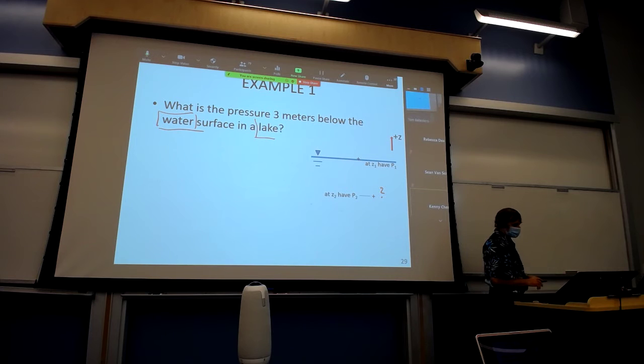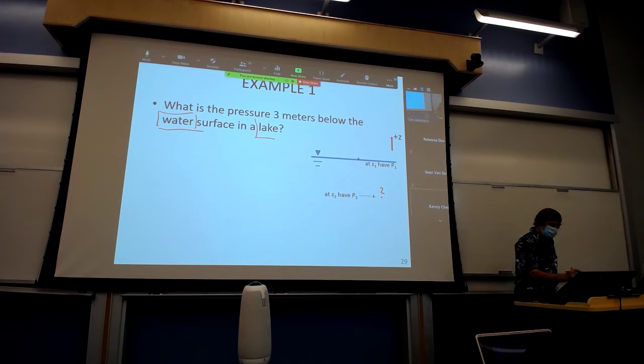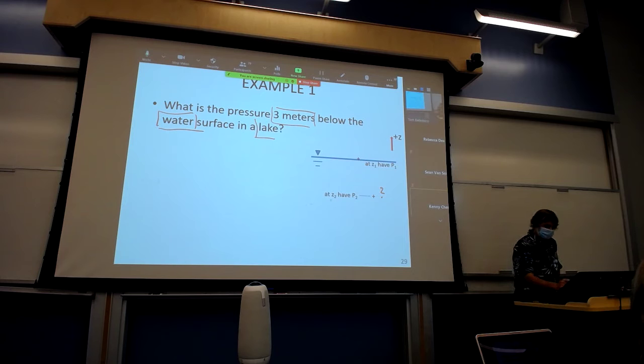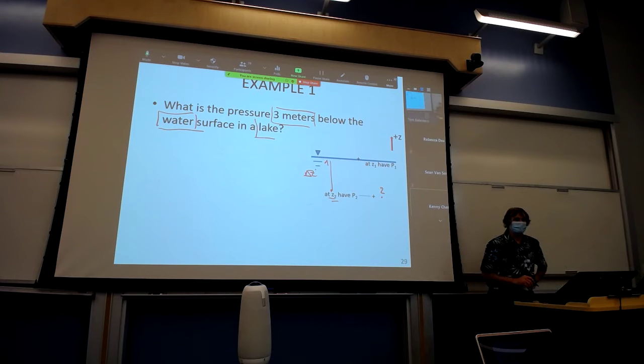So again, that allows you to know the specific weight. The other one is this, which is basically telling you not only, for example, Z2, but it's also telling you delta Z. They're one and the same.